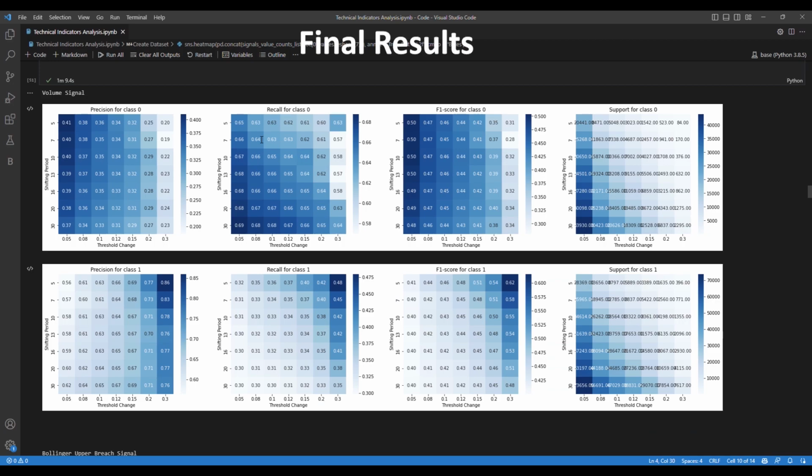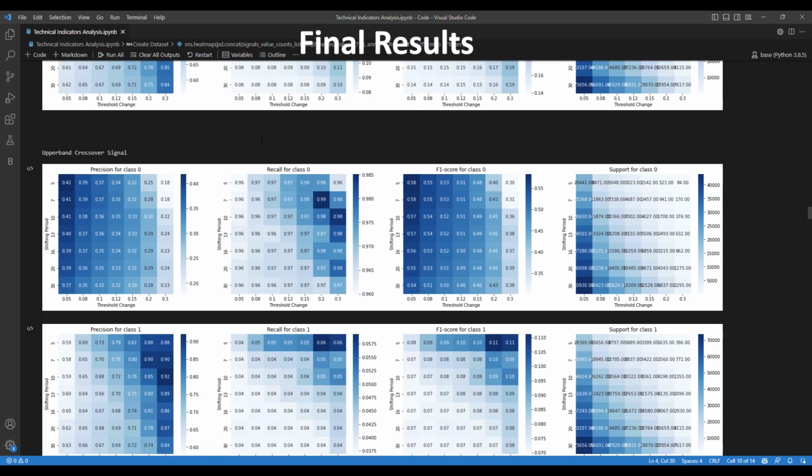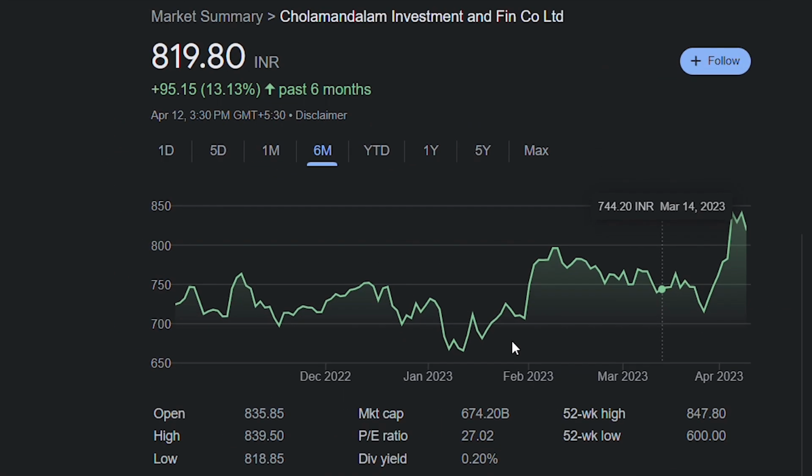So for the video, we are concentrating only on analyzing the buy signals. Our goal is to figure out which indicators are how effective over what period of time. So let's take a look at the chart here for Chola Finance for the past 6 months. We can see there are a lot of ups and downs.